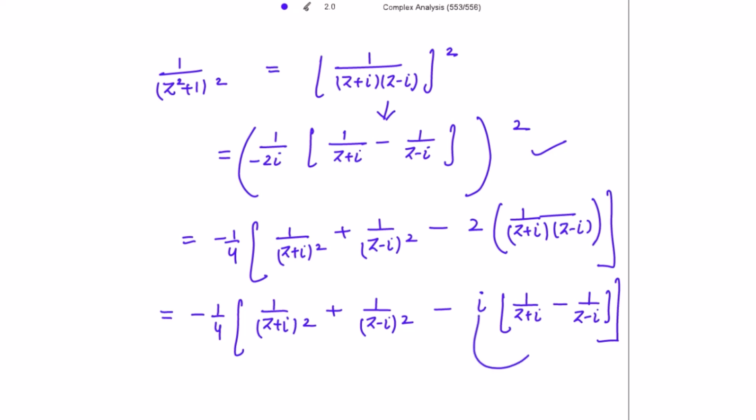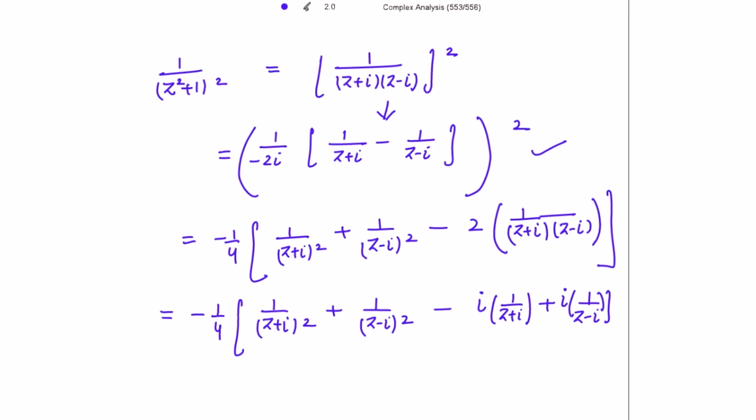And when you open the bracket, you will be getting iota times 1 divided by z plus iota, and this will be positive because of the negative sign, and iota is multiplied with this, right? Is it okay? Fine. All right.